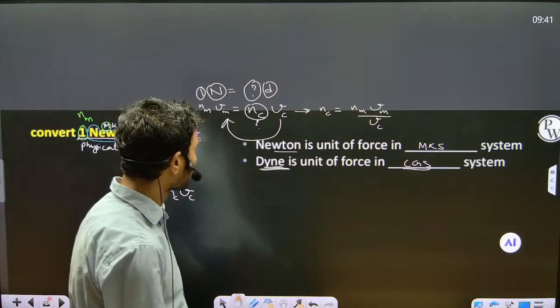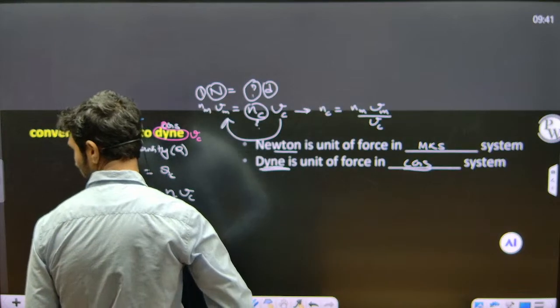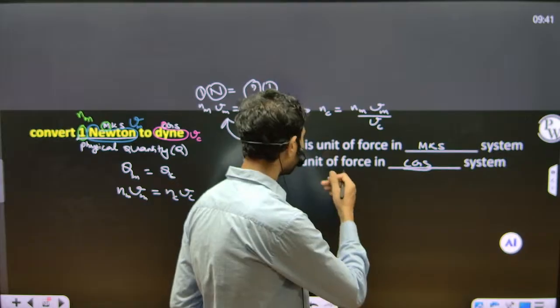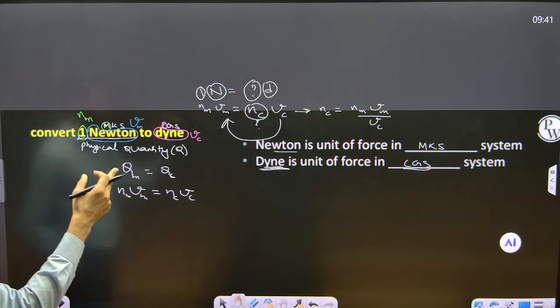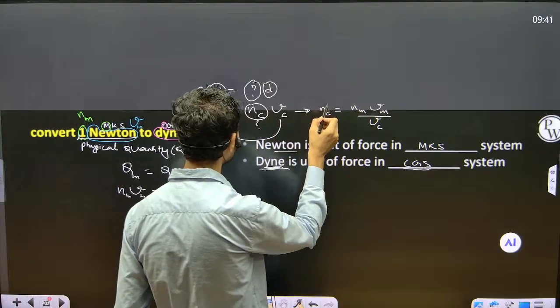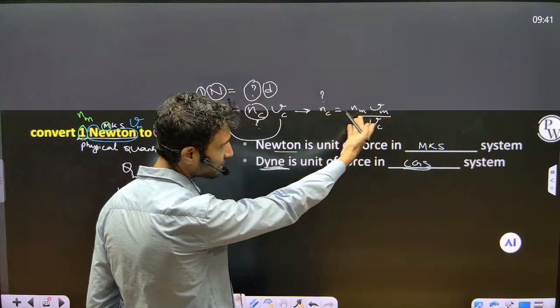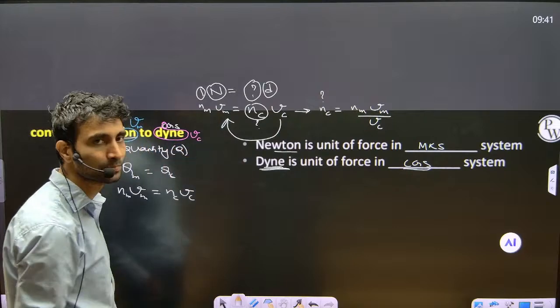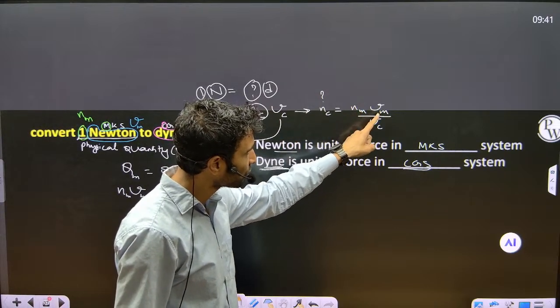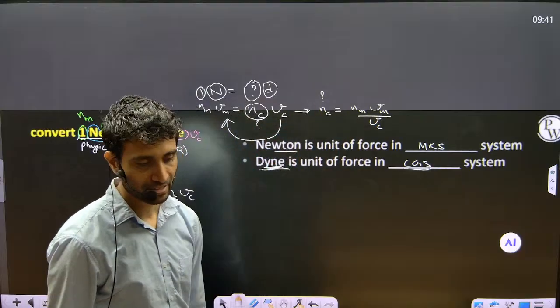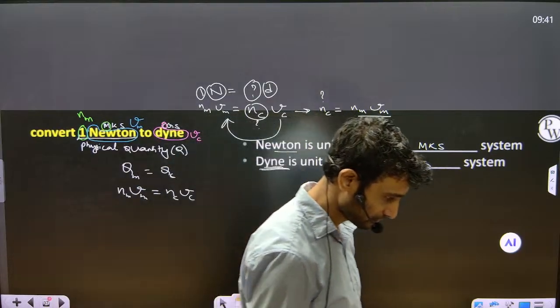So I got NC, right? This is what I wanted to find out. If I manage to find the values of NM, UM and UC, I will get NC, which is what I want, right?